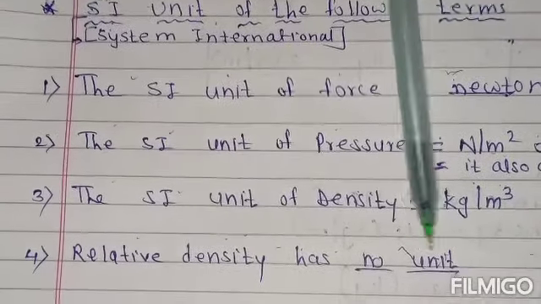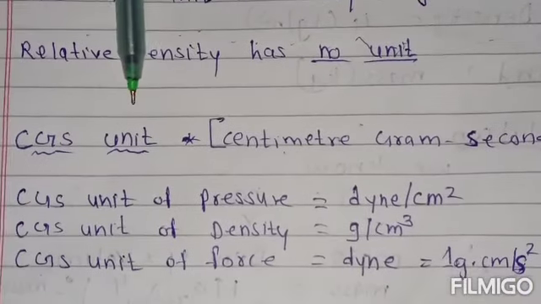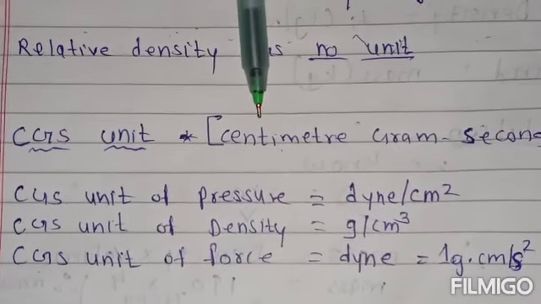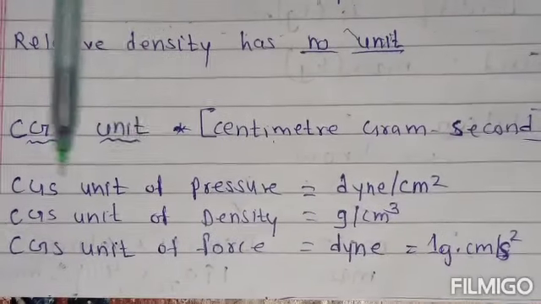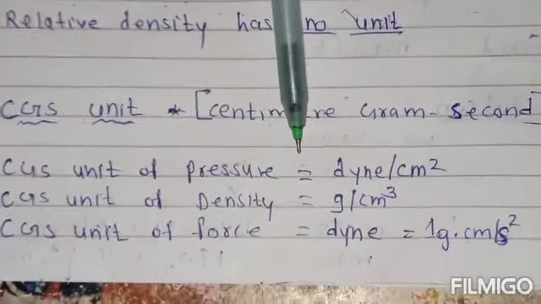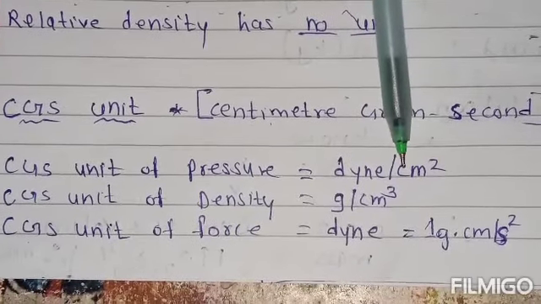Remember this. Okay, now next we'll see the CGS unit, which stands for centimeter, gram, second. CGS unit of pressure is equal to dyne per square centimeter.